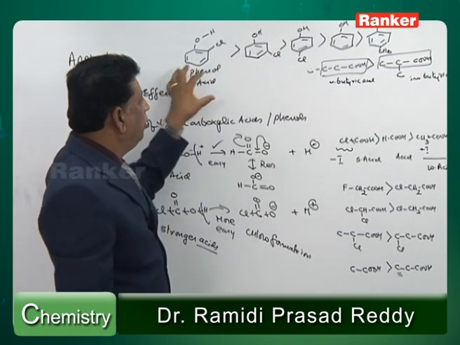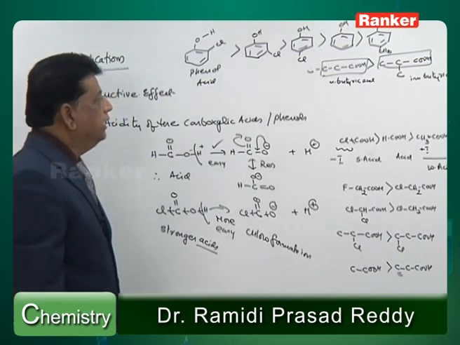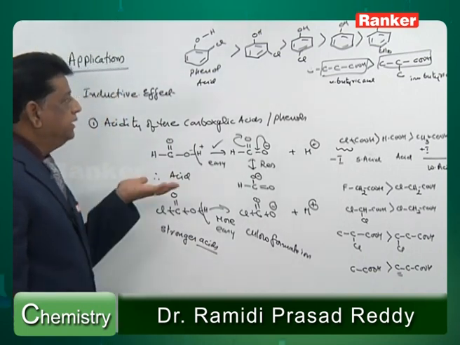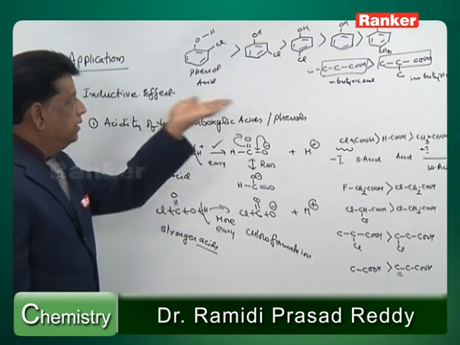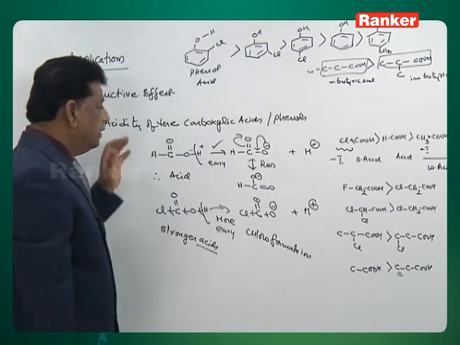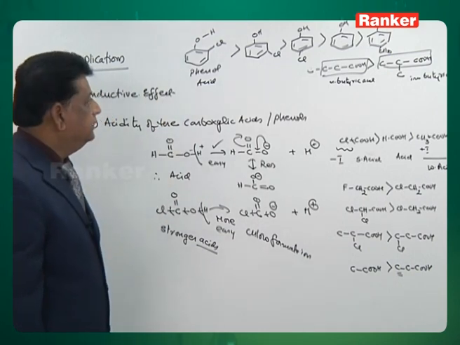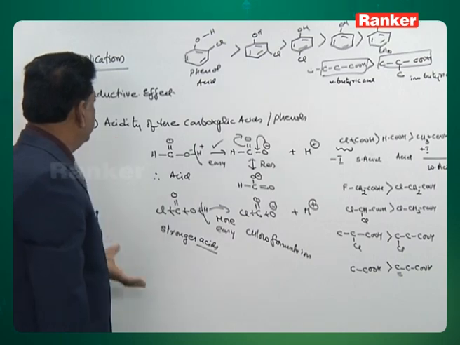But all chlorophenols are stronger than phenol. Rightly explained here: the -I effect increases the acidity, and the +I effect decreases the acidity. Therefore, the acidity of carboxylic acids as well as phenols can be explained by the inductive effect.